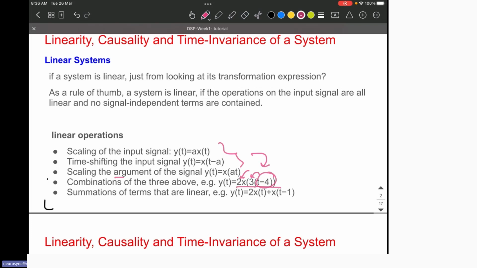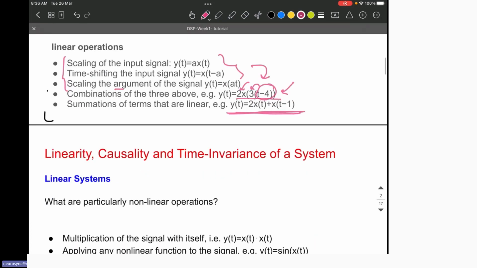Again, if there is a summation of linear terms, meaning a combination of the above three expressions, then you can also say that the system is linear.